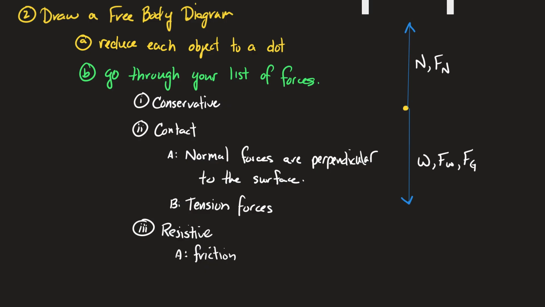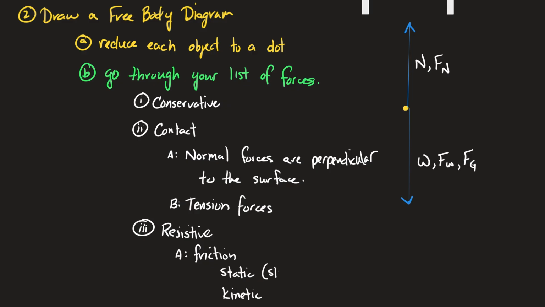So if you have a situation in which the box is going to slide, friction is going to oppose that motion. That's something else you have to understand about friction. Friction is always opposite motion. There are two kinds of friction: static and kinetic.